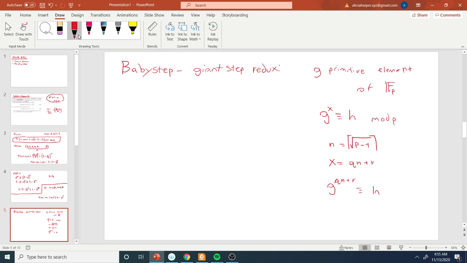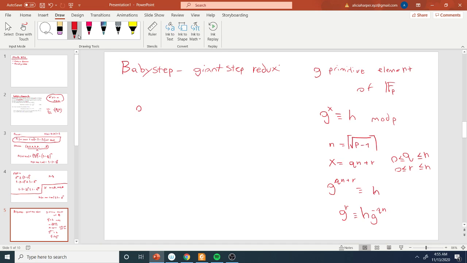In order to solve this, one thing you can do is move part of this power to the other side. And so you can get g to the r is congruent to h times g to the negative qn. Now you've changed the problem a little bit, because the key observation here is that both q and r can be understood as being less than n and greater than or equal to 0. So you have to consider two lists.